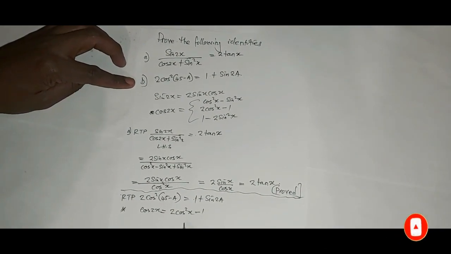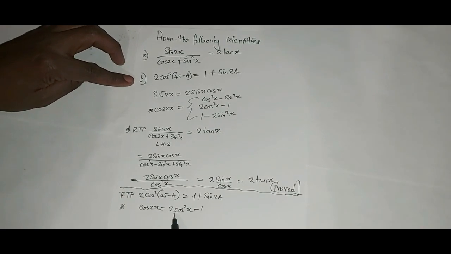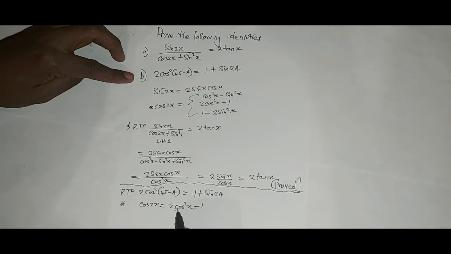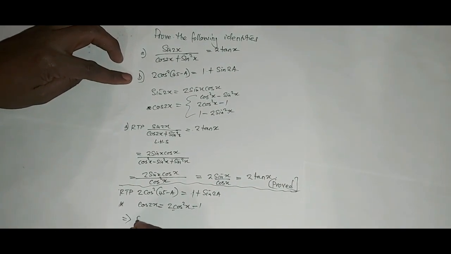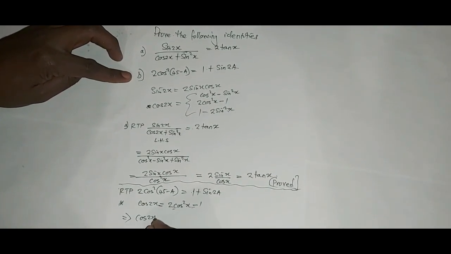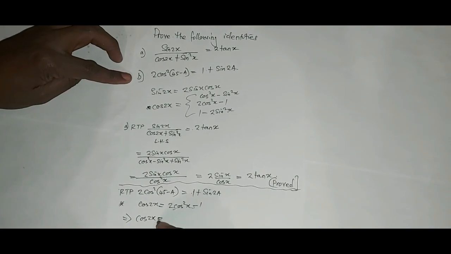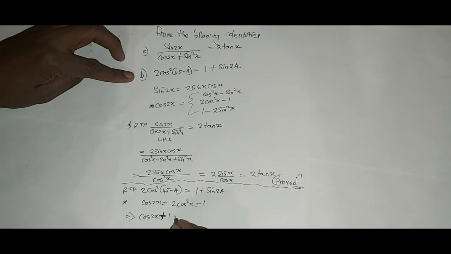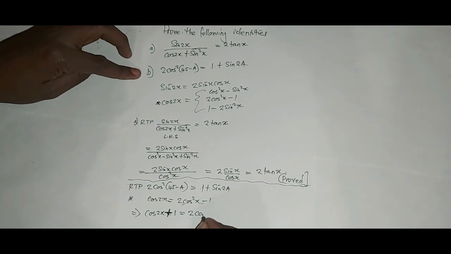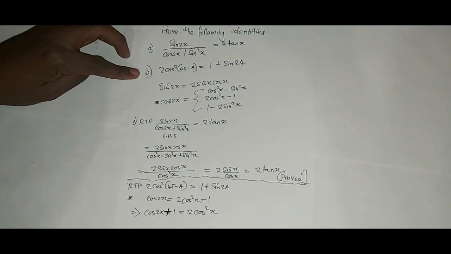If I make 2 cos squared the subject, it means cos of 2x plus 1 is equal to 2 cos squared x.